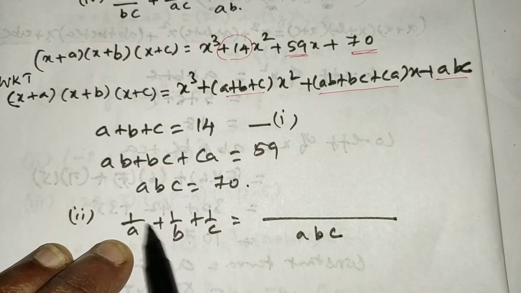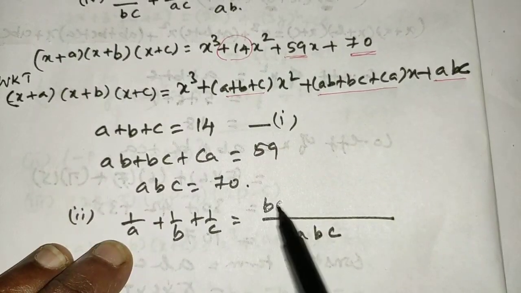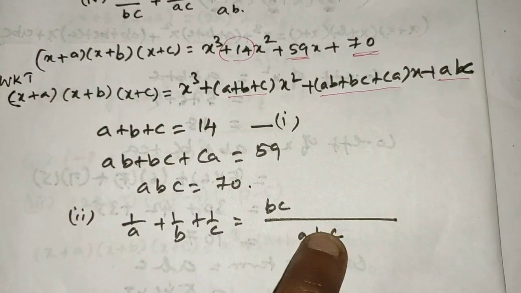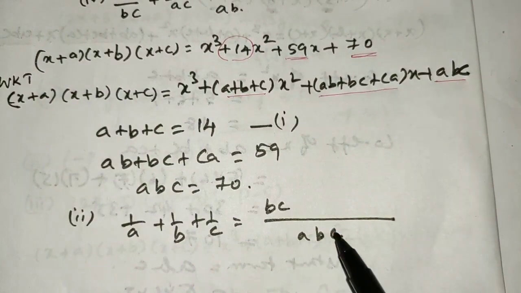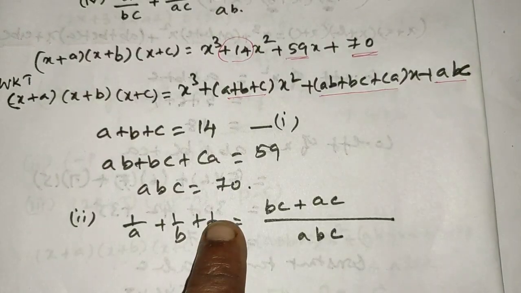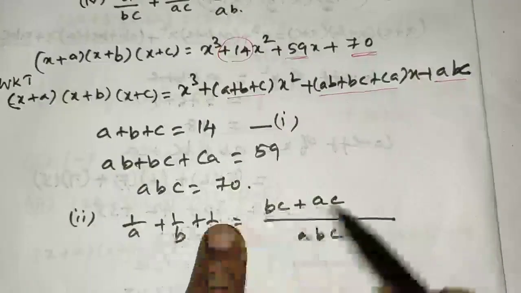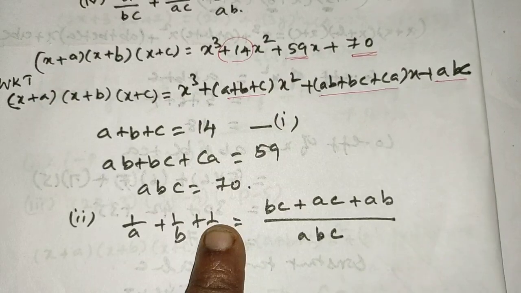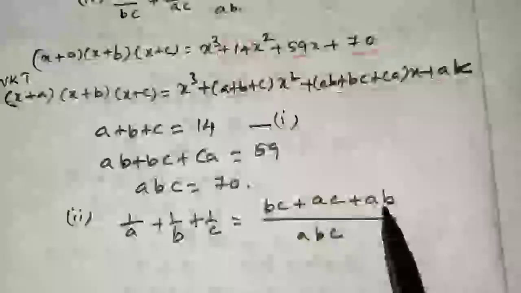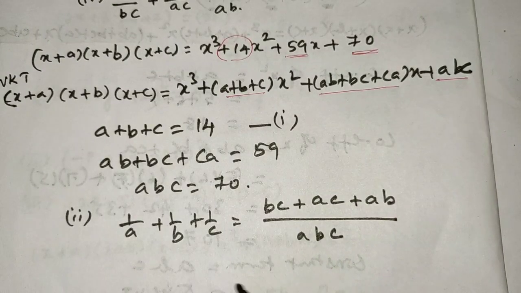We don't have b and c, so you have to multiply b and c in the numerator. In the place of the second term, we have b. What is the remaining term? a and c. That should be multiplied to the numerator. The third term, we have c. What is the remaining? a and b. That should be multiplied to the numerator. So you will get (bc + ac + ab)/abc.